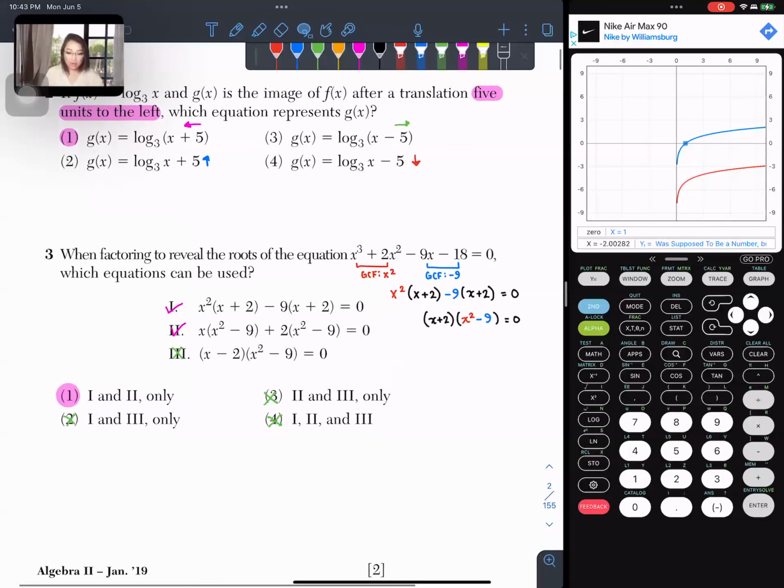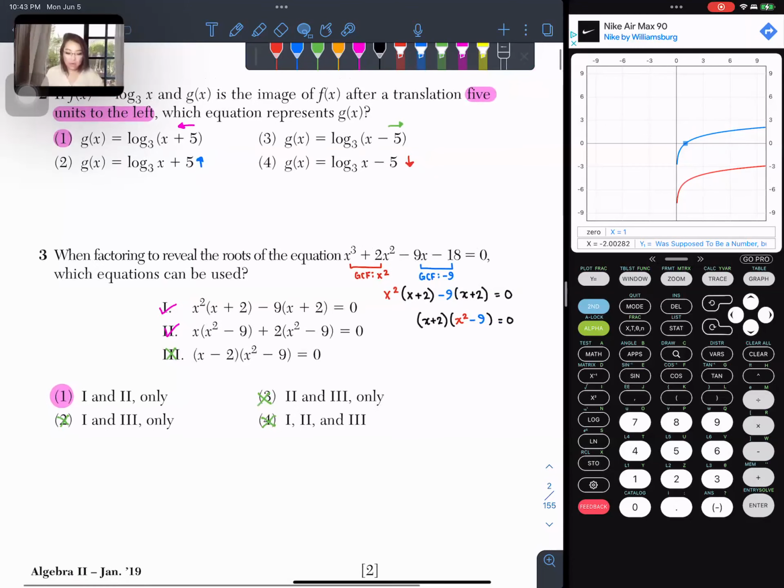Number 3, you're just going to write equivalent factors. By GCF factoring, you get choice 1. The second one actually factors the same, because the factors are x squared minus 9 and x plus 2.